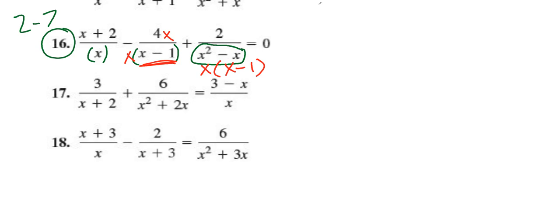What is this denominator over here missing that the other one had? Do not tell me minus 1. That's what an Algebra 2 kid says. It's missing an x minus 1, right? So we multiply the top and the bottom by x minus 1. They never leave enough room in these problems.